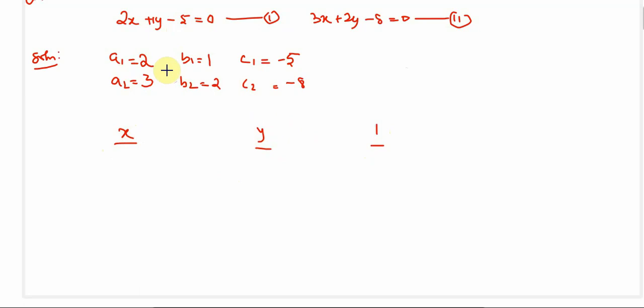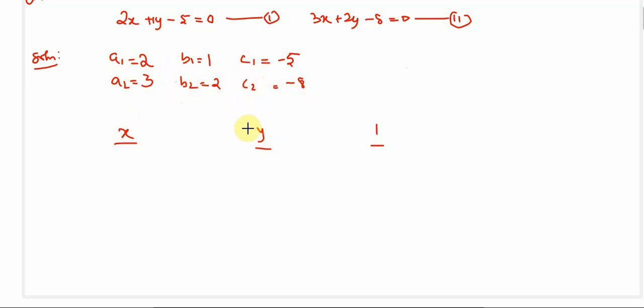Now under the heading x, for x we have used which terms? a1 and a2, right? The coefficients that we have used are a1 and a2. So you leave the terms that we have used for x and write down the remaining terms, that is b1, b2, c1, c2.